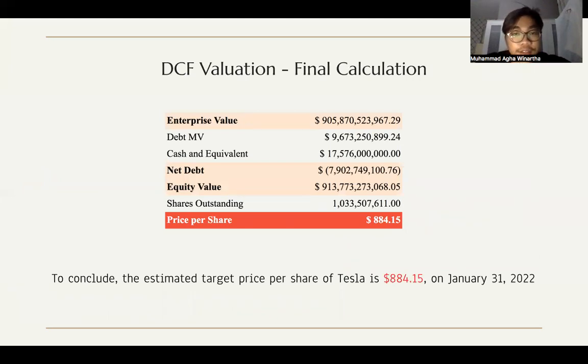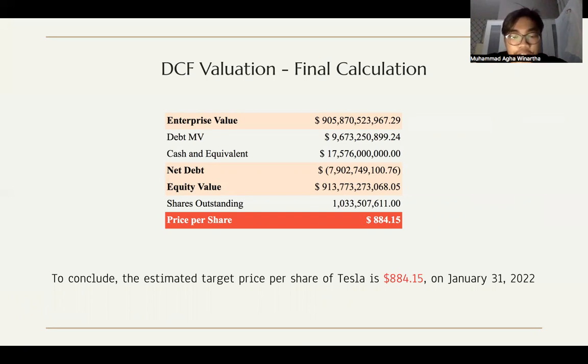So this is the financial calculation. Firstly, we calculate the enterprise value of Tesla by discounting all the future cash flows that we have earlier with the WACC discount rate at 9.61%.